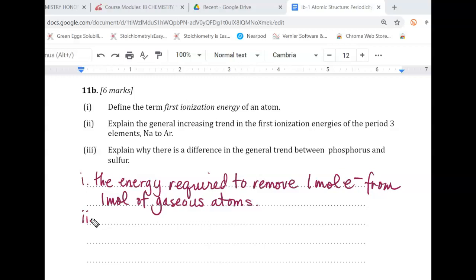Then we have to explain the general increasing trend in first ionization energies, and that needs 2 points, so we need 2 parts.